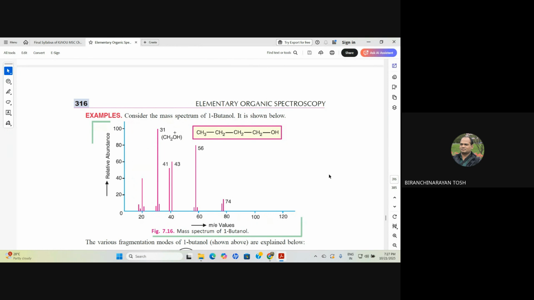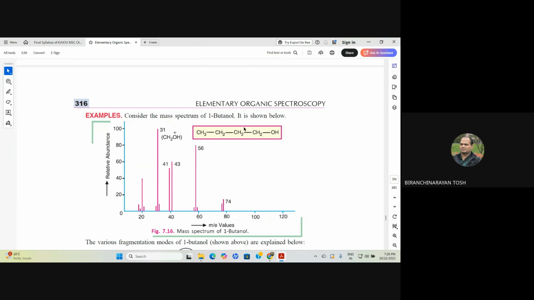Generally, we will get a signal at 31, which will appear in large abundance in the mass spectrum of methanol and other aliphatic primary alcohols. And why do we get this? That is due to CH2OH.